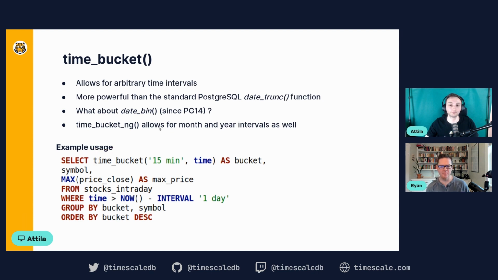So how's that different from date_trunc? Do you remember? Yeah, date_trunc allows you to create a day, sort of buckets, but it doesn't allow you to create, for example, 2-day buckets.